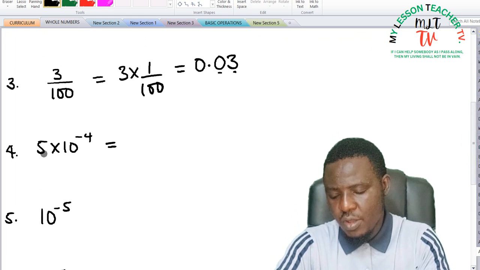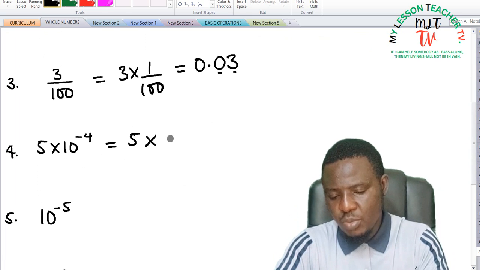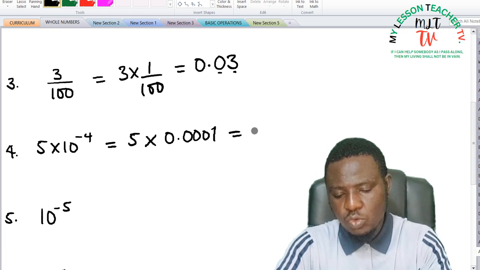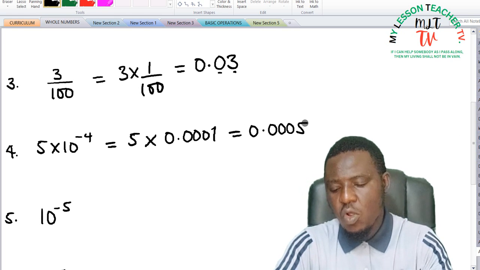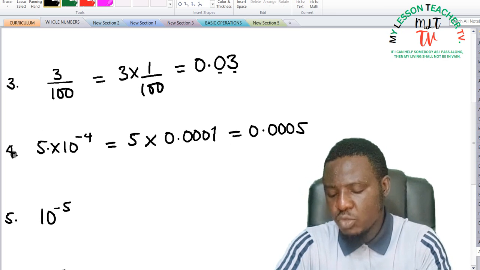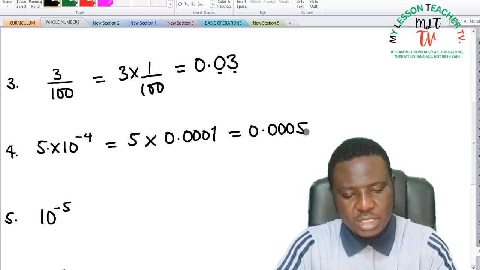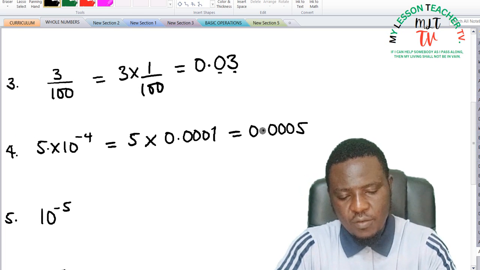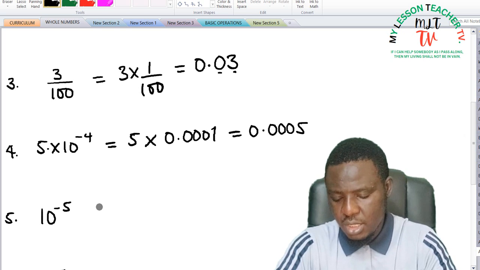Number 4, 5 times 10 raised to the power of minus 4 is equal to 0.0005. Otherwise, you can say that you move the decimal point from here 4 times to your left. And when you do that, it goes 1, 2, 3, 4. And that gives you your answer.